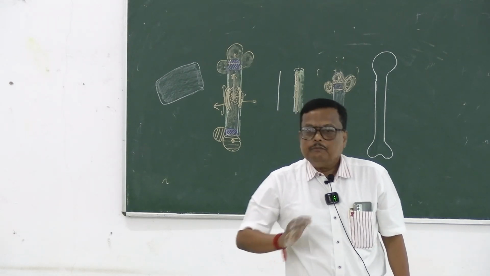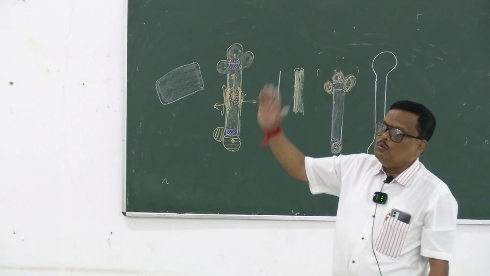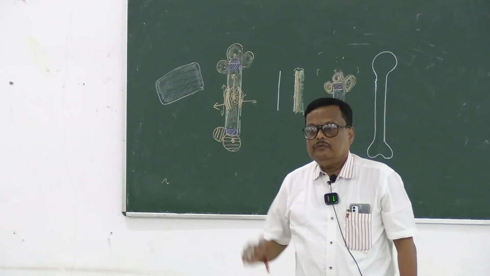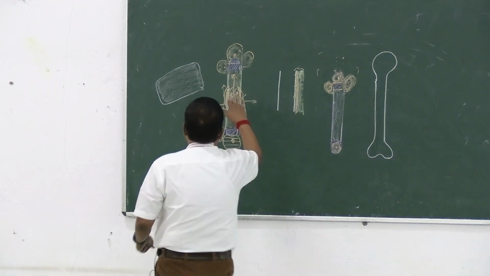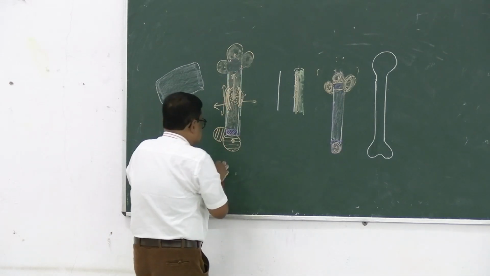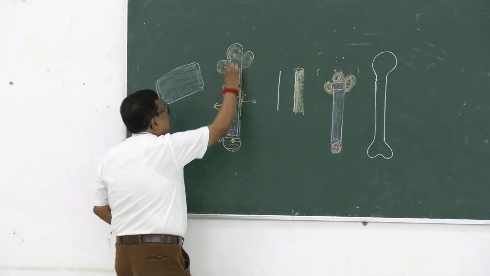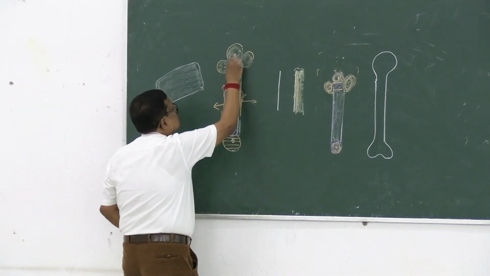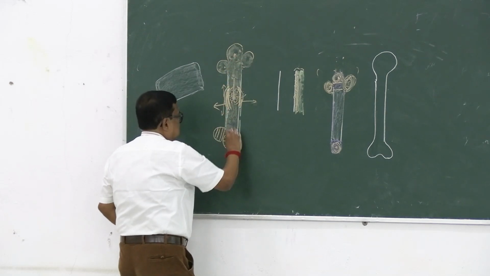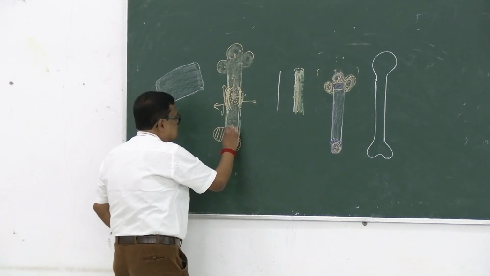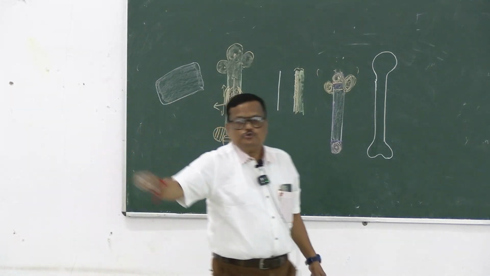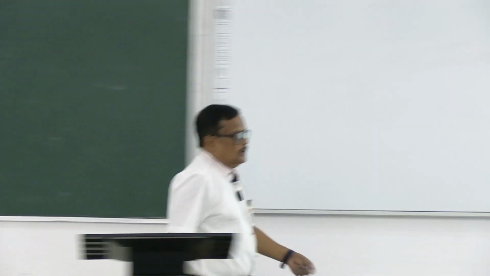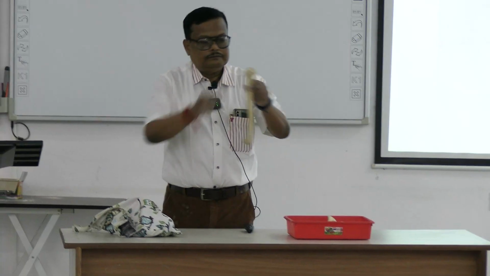Clear? As the boy or girl's age is advancing, reaching 19 years, 20 years, gradually this epiphyseal cartilage, first at one end, becomes bone. And after 1 to 2 years, suppose this one also becomes bone, and continuous bone is produced. There is no cartilage in between.